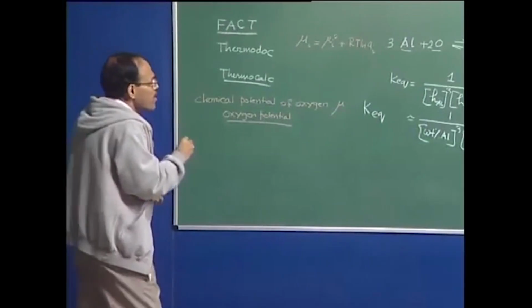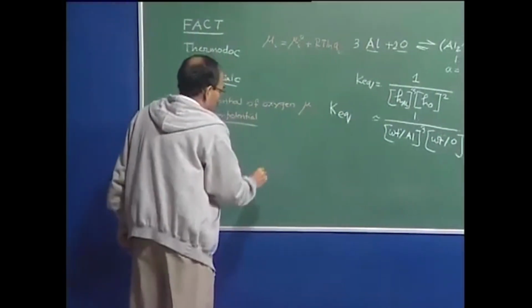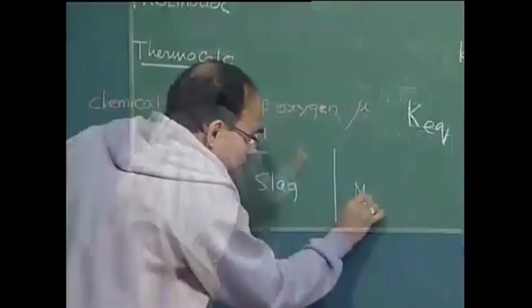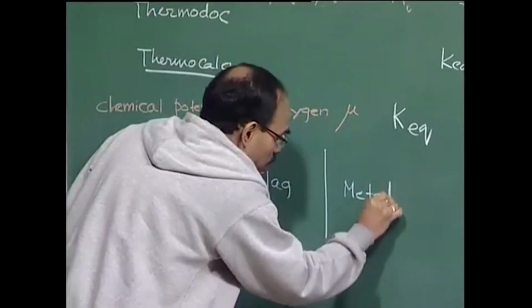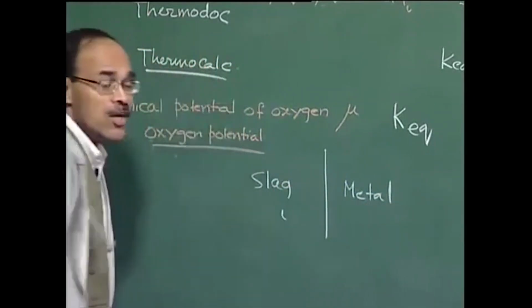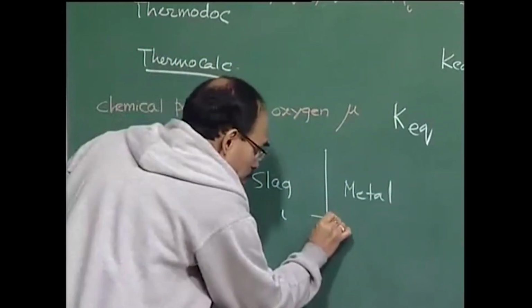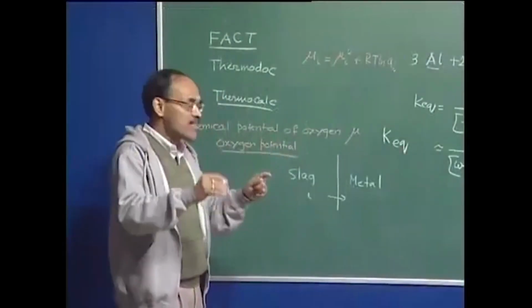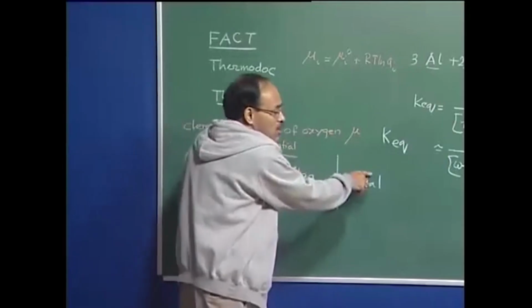Now, if I have a slag here and metal here, and a species i is being transferred from one to the other until equilibrium is achieved, visualize it like this: temperature is higher here and lower here.